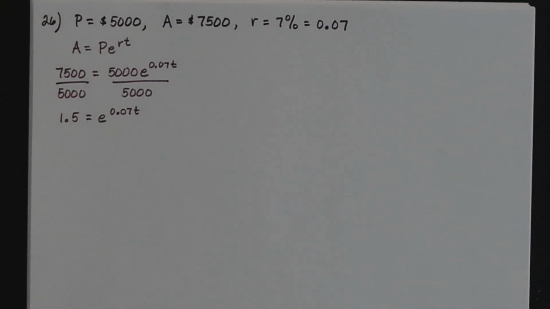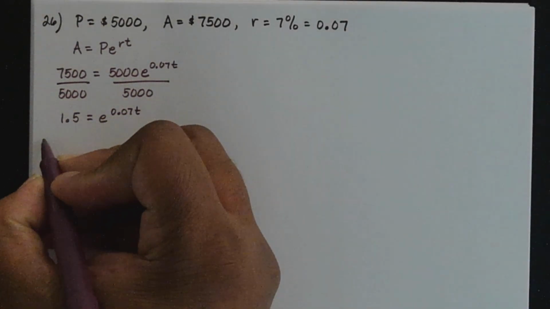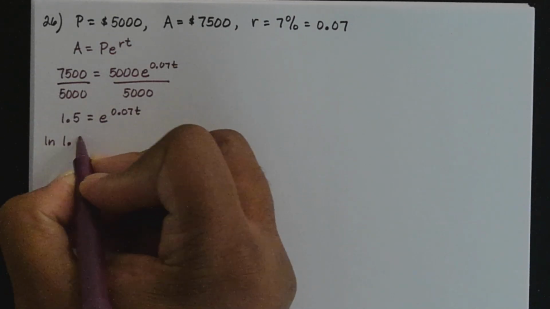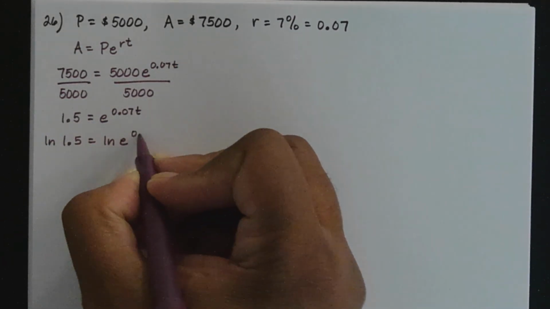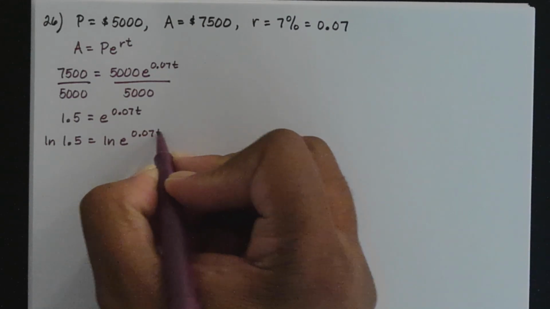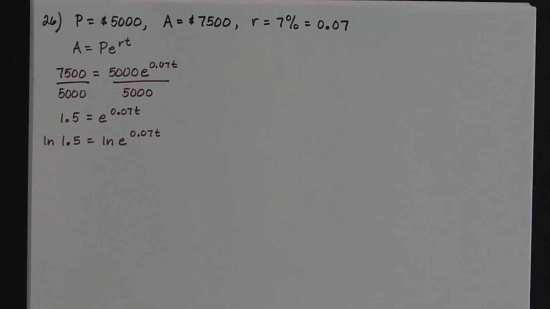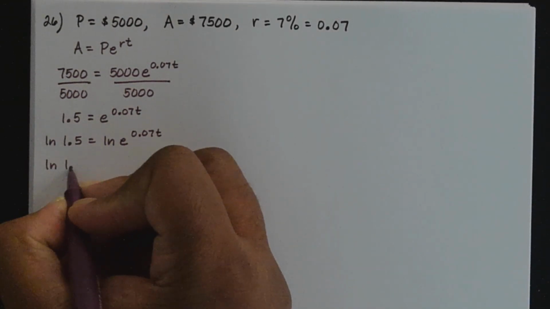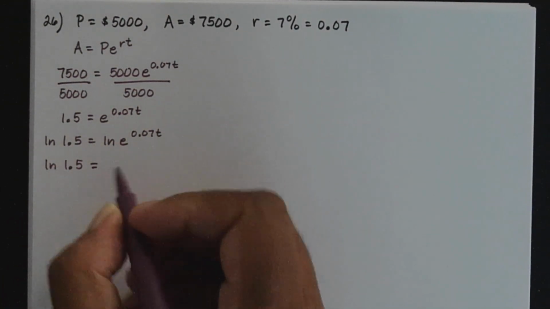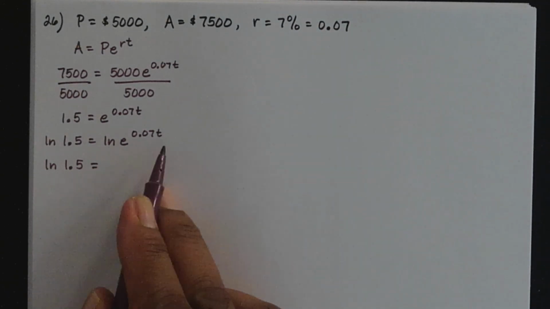All right, now since e and ln are inverses of each other, it'll be best to take the natural logarithm on both sides of this equation. So when I do that, the left side will still be the natural log of 1.5. Then that's equal to ln of e to the 0.07t.